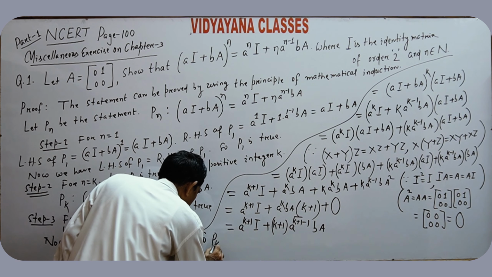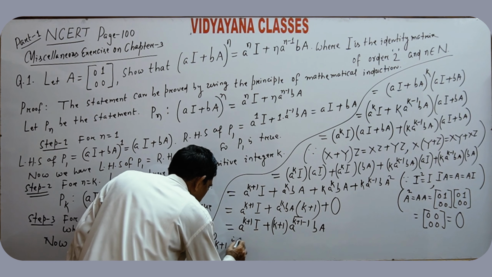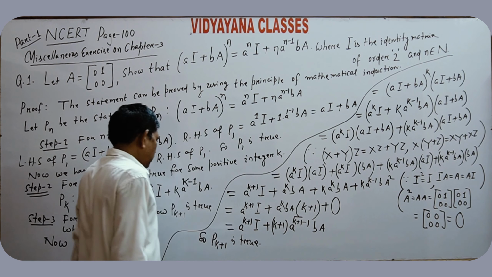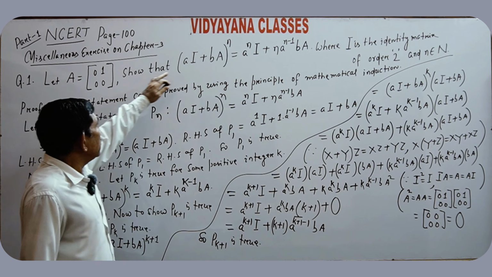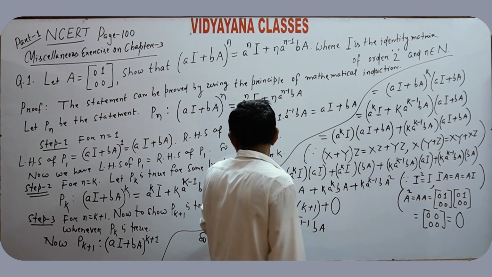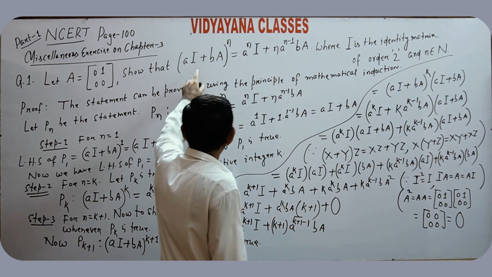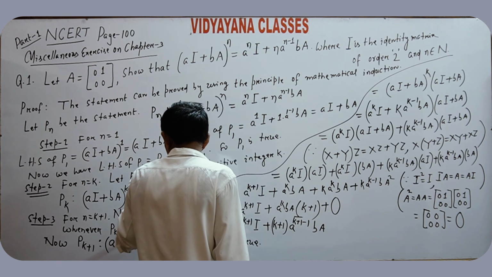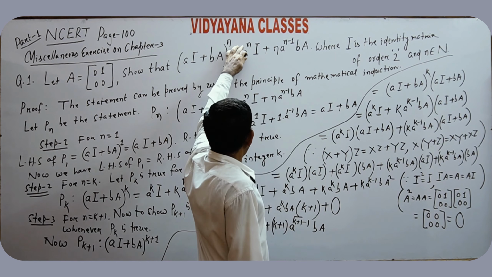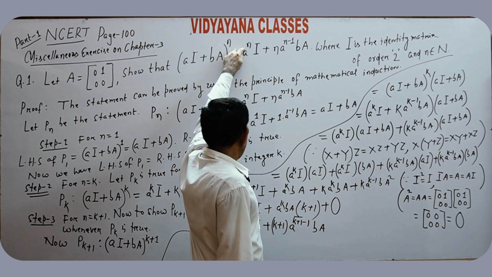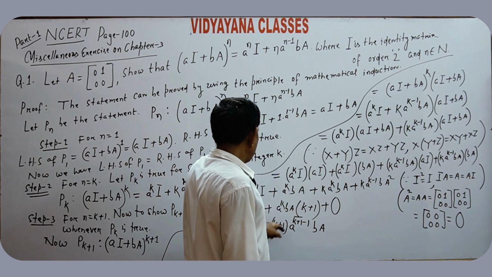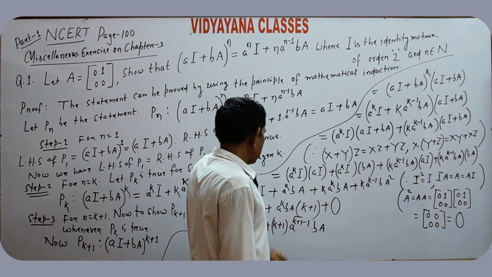So P k plus 1 is true. N is replaced by k plus 1 on the right hand side also.